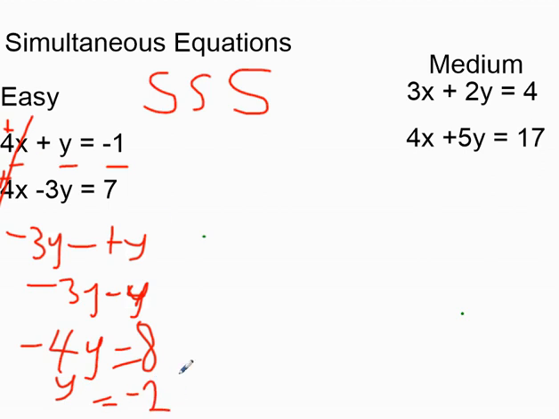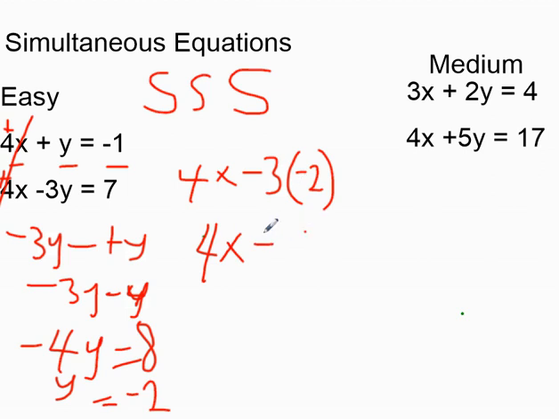Now that we've found y, we can substitute the value of y into any of the original equations. Let's take the bottom one, for example, 4x minus 3 times y. Instead of y, I put the value for y, which is negative 2. Now we have 4x plus 6, because negative 3 times negative 2 gives a positive 6, equals 7.